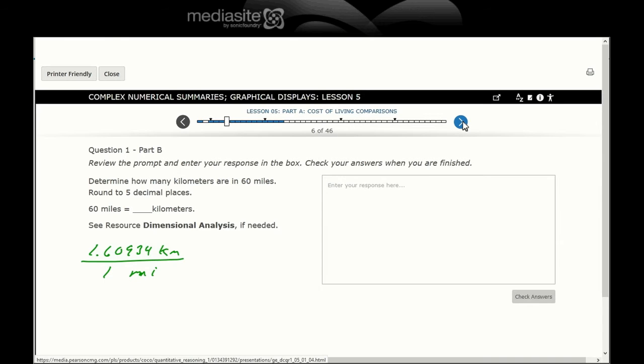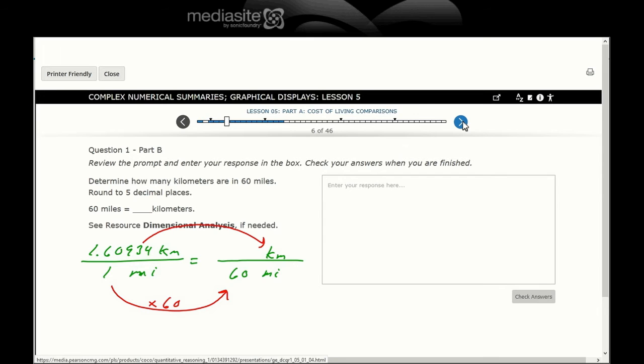Okay. What we can do is set it up as a proportion. So if 1.60934 kilometers is 1 mile, how many kilometers would be 60 miles? And one trick is, hey, I got from 1 mile to 60 miles by multiplying it by 60.